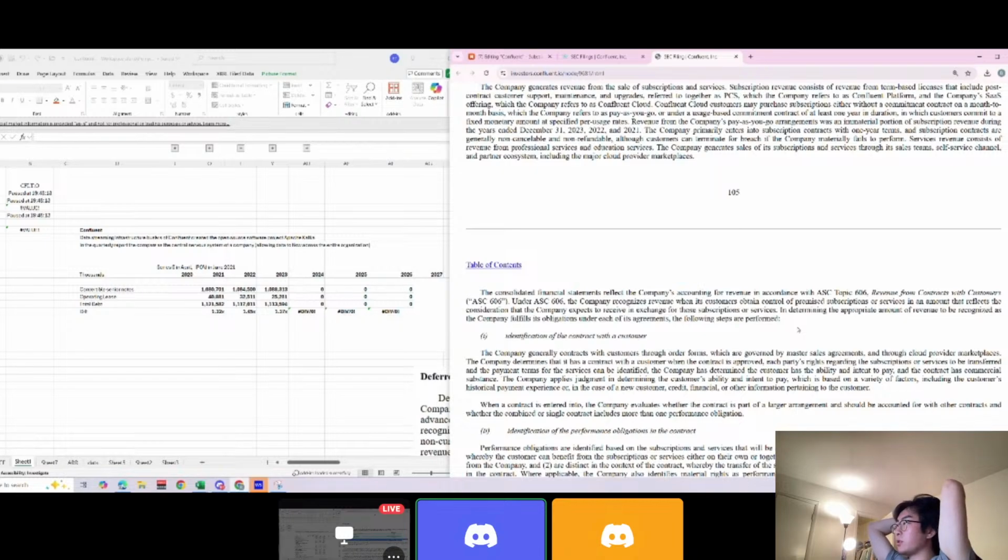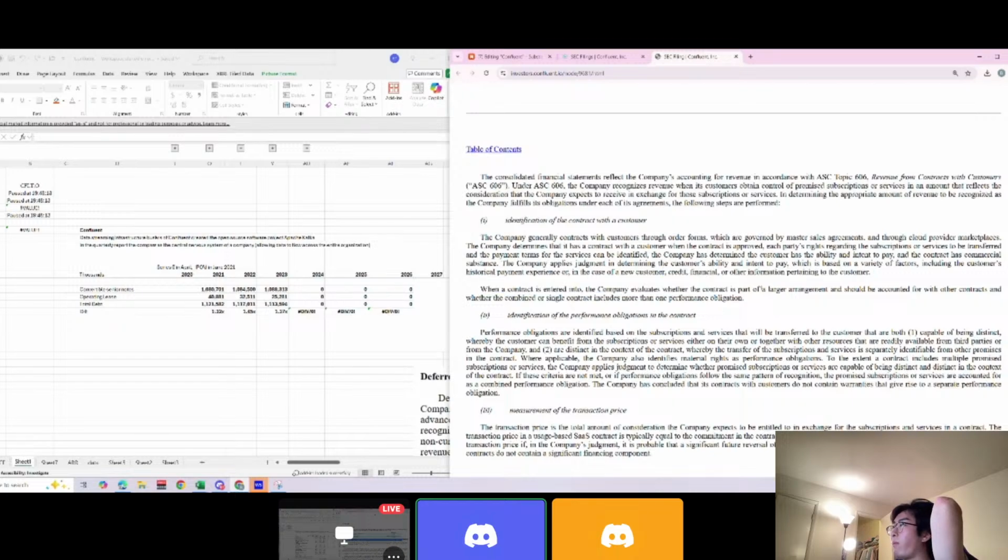Through order forms, which are governed by master sales agreements, and through cloud provider marketplaces, the company determines that it has a contract with the customer when the contract is approved, each party's rights regarding the subscriptions or services to be transferred and the payment terms can be identified, the contract has commercial substance, and the company applies judgment in determining the customer's ability and intent to pay, which is based on a variety of factors, including the customer's historical payment experience, credit, and financial condition.